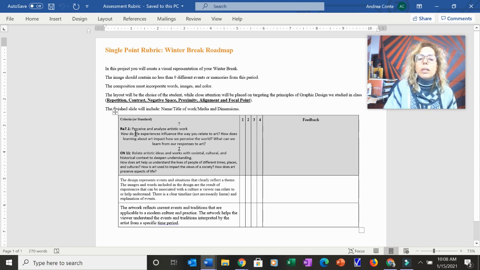The way we interpret standard 7.1 is that your design represents events and situations that clearly reflect a theme. The images and words included in this design are the result of experiences that can be associated with a very specific culture. A viewer can relate to or at least help understand that culture. So if I come from a different culture and I look at your design, I understand that these represent who you are, the place you live, and the time you're living in.